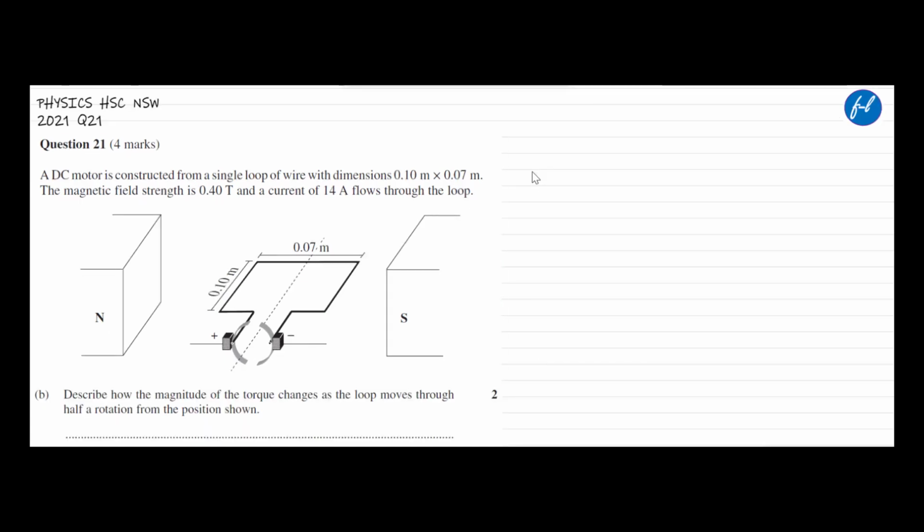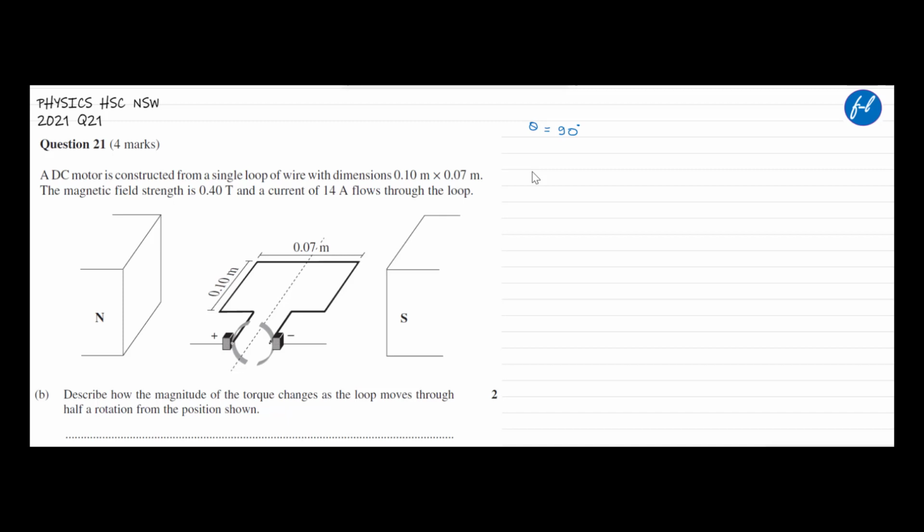So part B: describe how the magnitude of the torque changes as the loop moves through half a rotation from the position shown. The position shown in the picture, as we discussed in part A, represents theta equal to 90 degree.